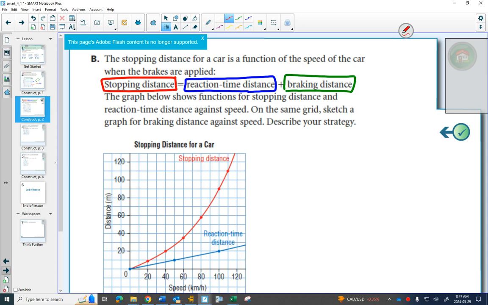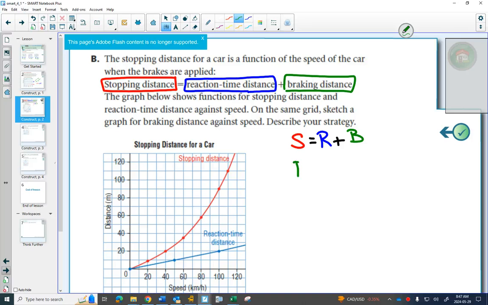So we have, I'm going to use S for stopping distance is equal to R for reaction plus B for braking. And of course, with an equation, you can rearrange things. What graph don't we have? We don't have the green one.